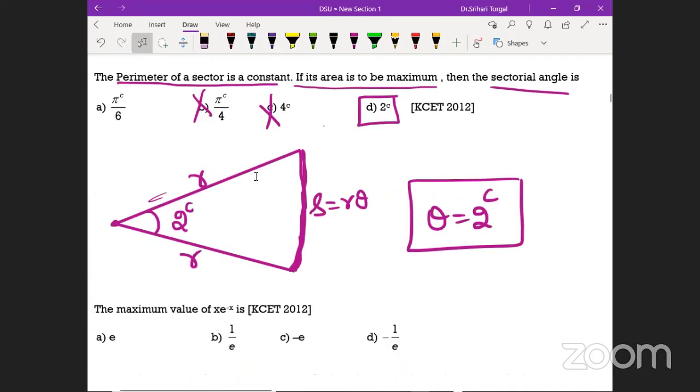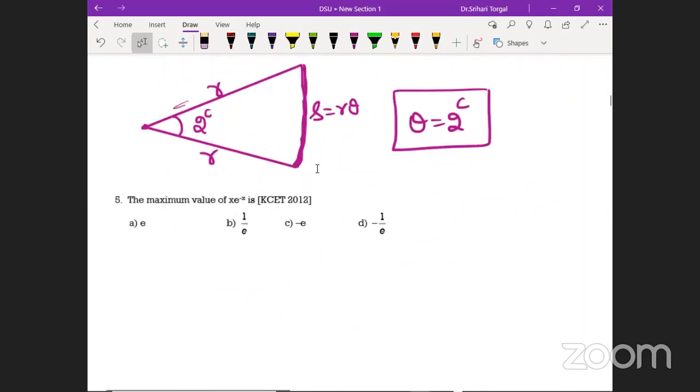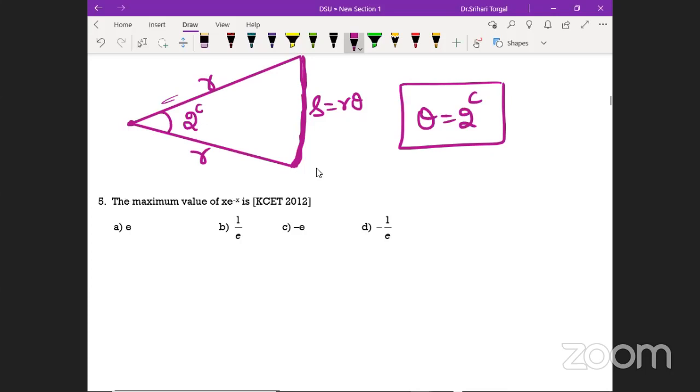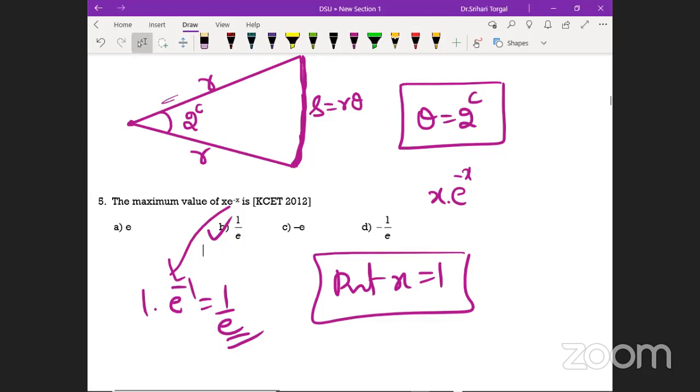Let me move on to the next problem. When you get e power x with a polynomial, just put x equal to 1 and you will get the maximum value. Remember that. Put x equal to 1 here: 1 into e power minus 1. 1 by e is the maximum value. That's it. Very simple.